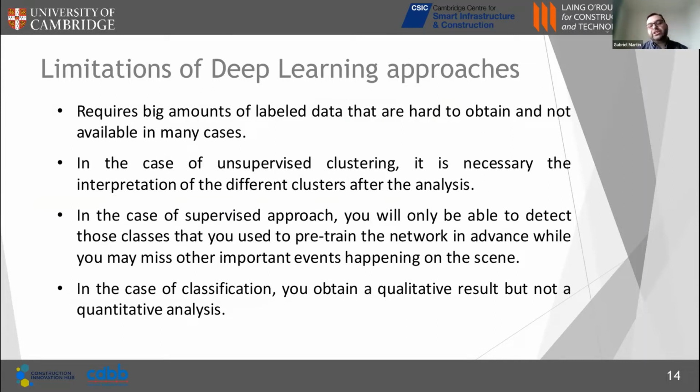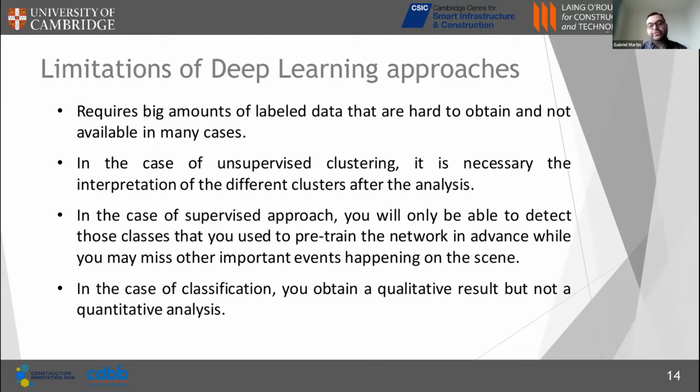The first limitation is that it requires big amounts of labeled data that are hard to obtain and not available in many cases. In the case of the unsupervised clustering, what happens is that after you perform the analysis, you need to do a manual evaluation of what each of the different clusters means.